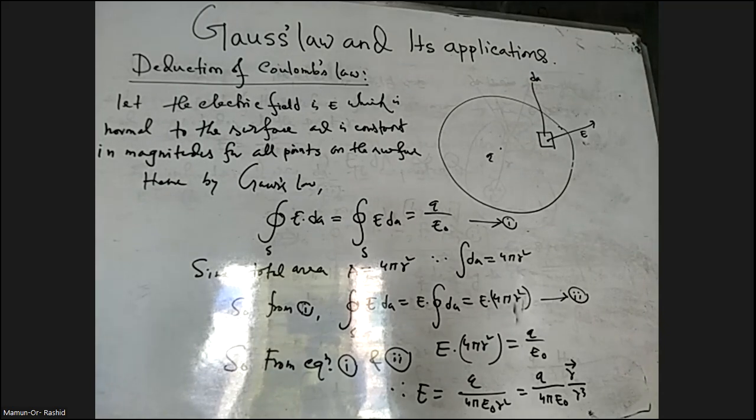We can apply Gauss law to find the electric field due to a charged sphere. We can also apply Gauss law to find the electric field due to a long charged cylinder.